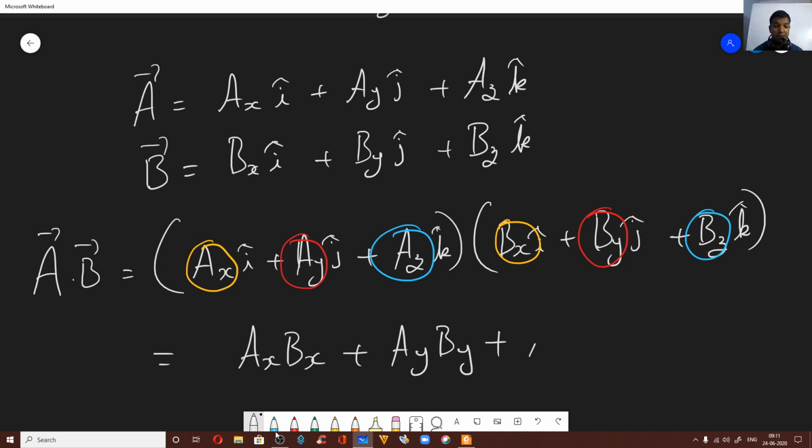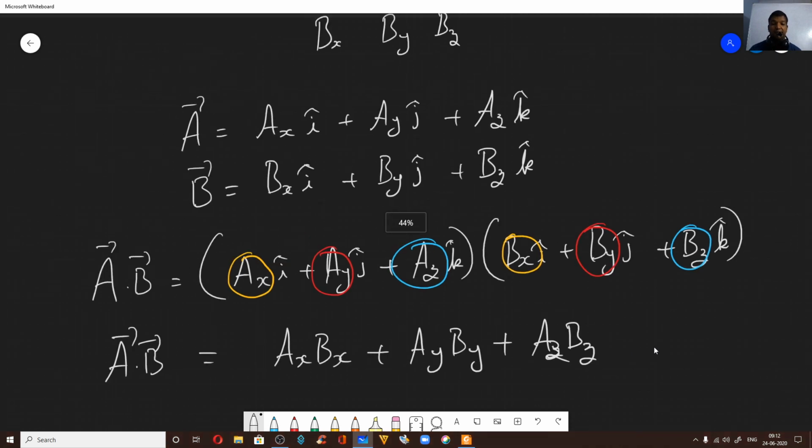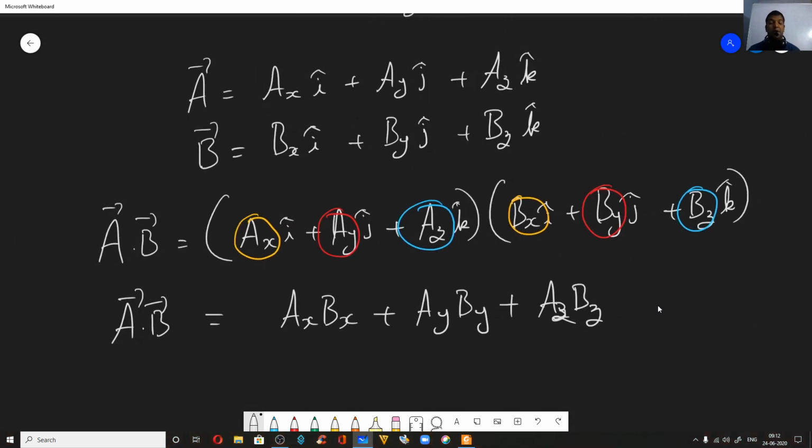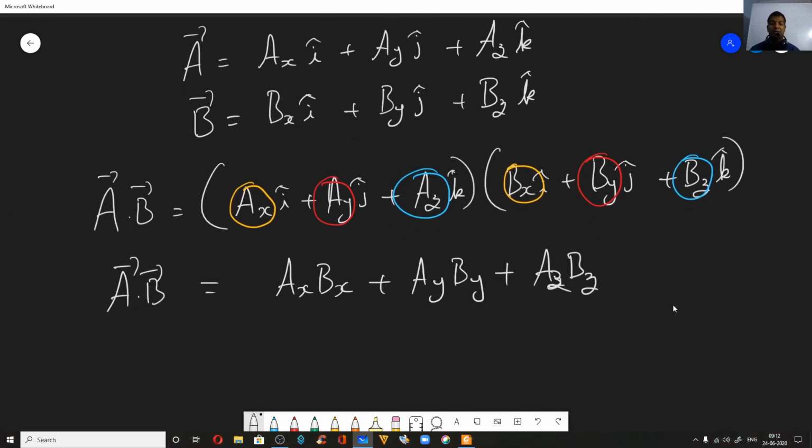This is how you get the scalar product. So a dot b you can get this way if you are given the x axis, y axis, and z axis components.